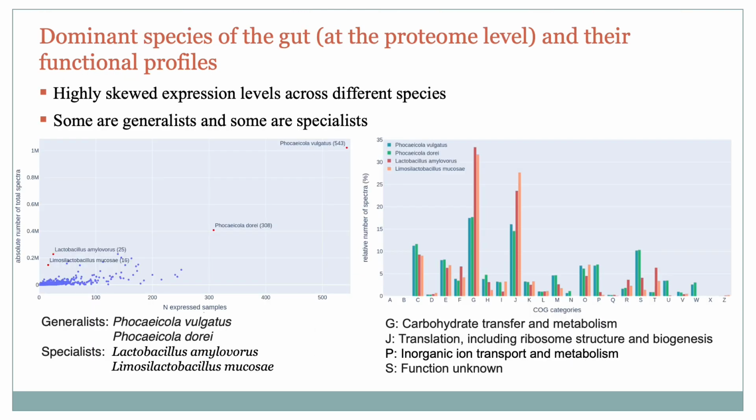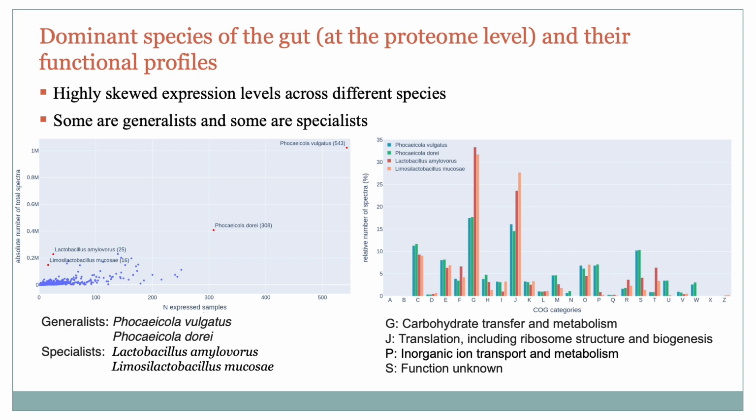We can look into the individual species. There are some species that are found everywhere in many different samples, from healthy individuals or from patients with different diseases. We call those species generalists.